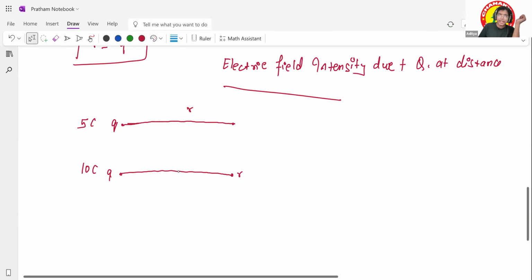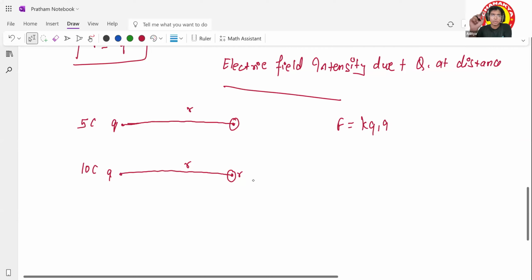If you didn't have the idea of electric field, what could you have done if I ask you what will be the force at this point? Who will provide more force at this point? If you just know the force, you need both things, Q1, Q2. You would say, I am not able to say until I get the charge at this point and the other charge at this point.